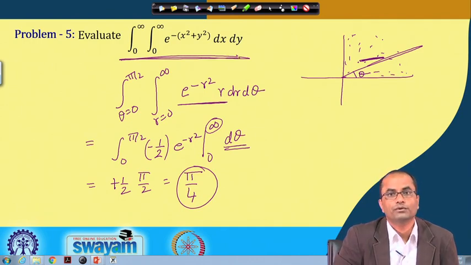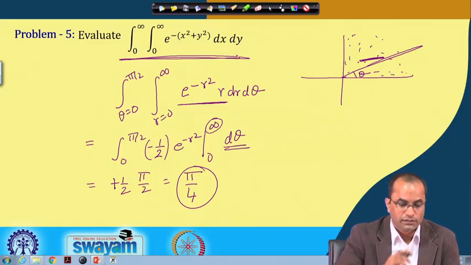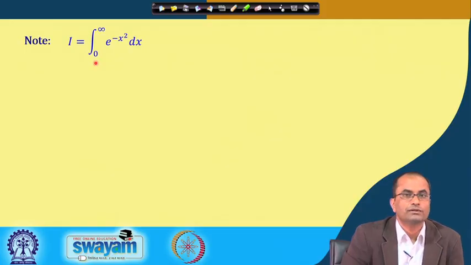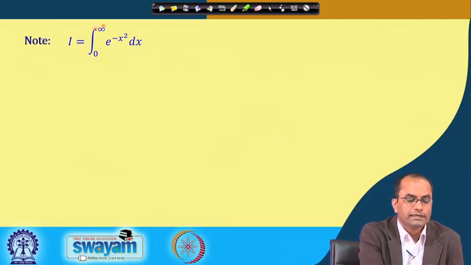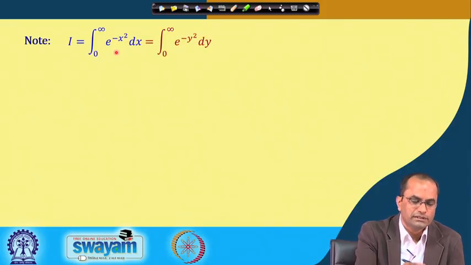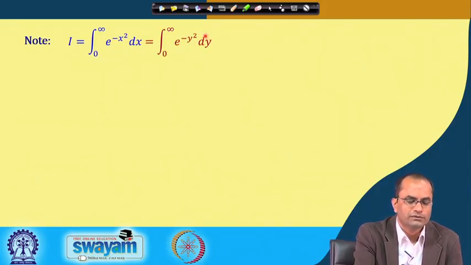This is very simple when we use polar coordinates, but it is very difficult if we try to do it in Cartesian coordinates. Here just a note, based on the above example, if we consider this I, the integral from 0 to infinity of e power minus x square dx, which is equal to another integral I am considering in terms of y.